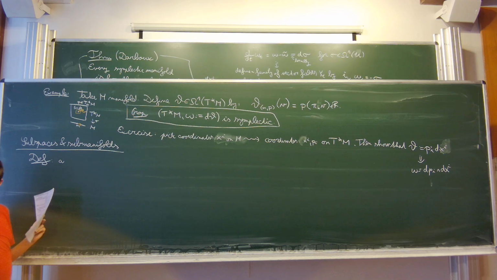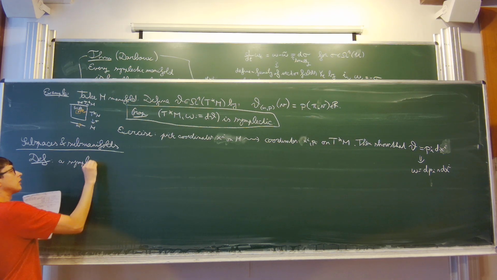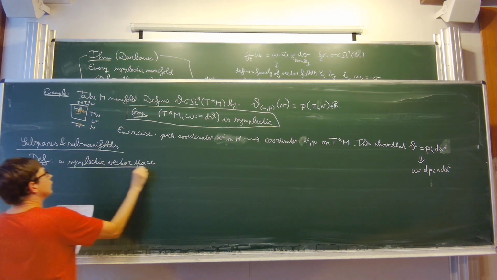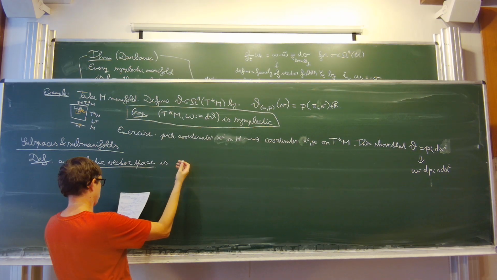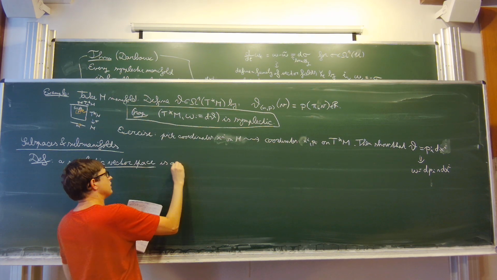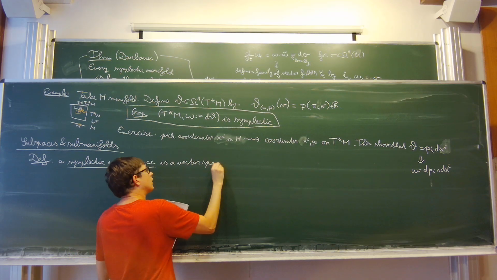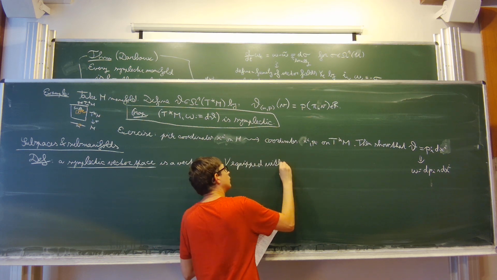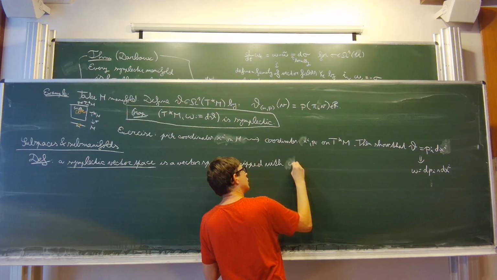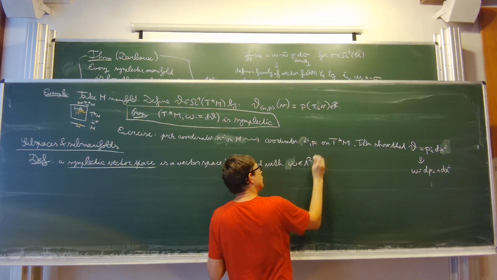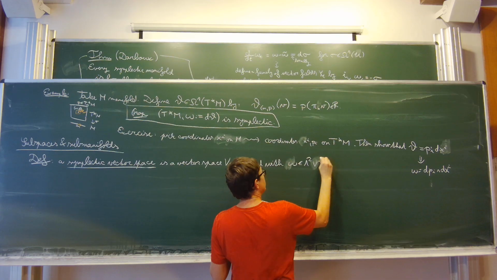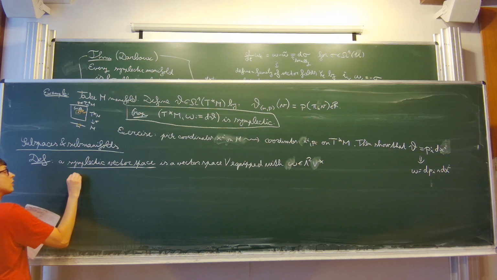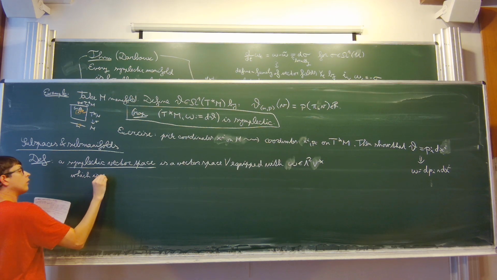So let's define an analog of symplectic manifold. Let's say that a symplectic vector space is a vector space V equipped with an element in the second exterior power of the dual, so we call it omega, which is non-degenerate.